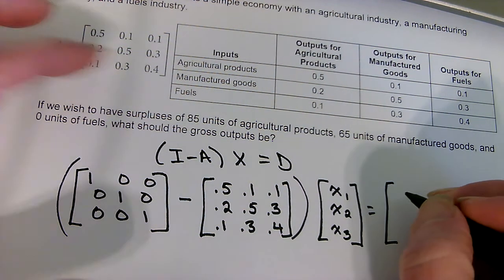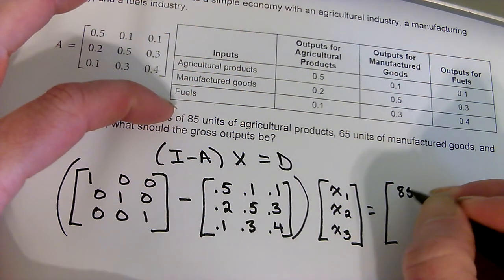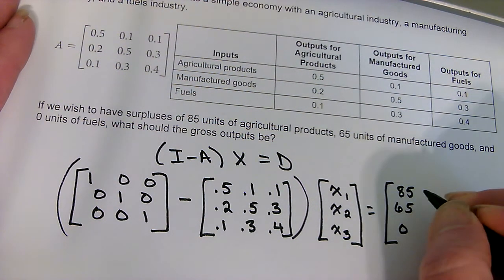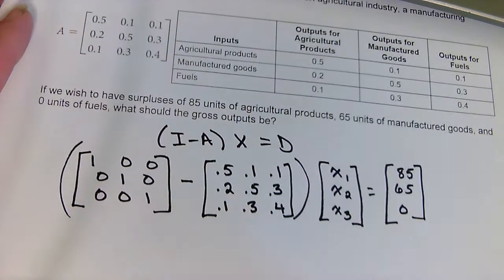They give us our demand here: we want to have a surplus of 85 units of agriculture, 65 of manufactured, and we want no surplus of fuel.